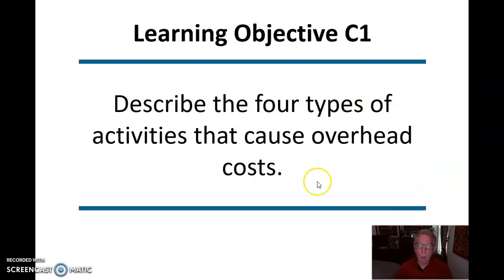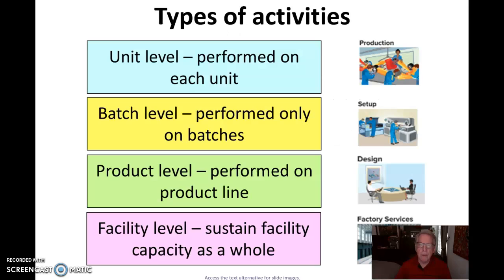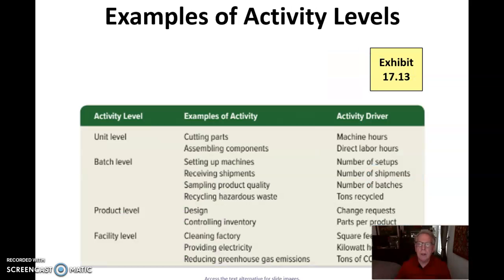All right. What are the 4 types of activities that cause overhead costs? We have some that are at the unit level, some that are at the batch level, some that are performed on the product line, and some that are performed at the facility level as a whole. Let's look at that in a little more depth.